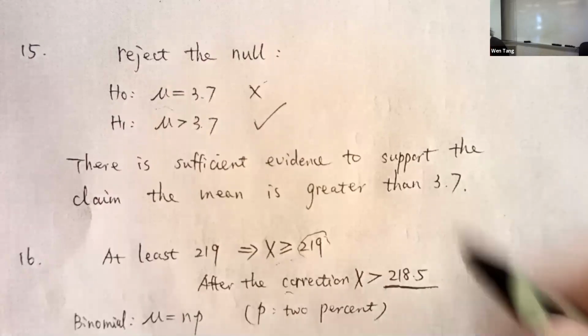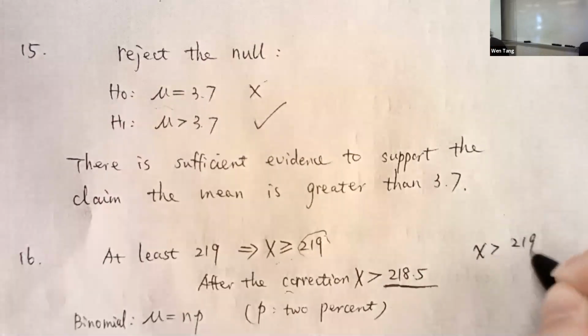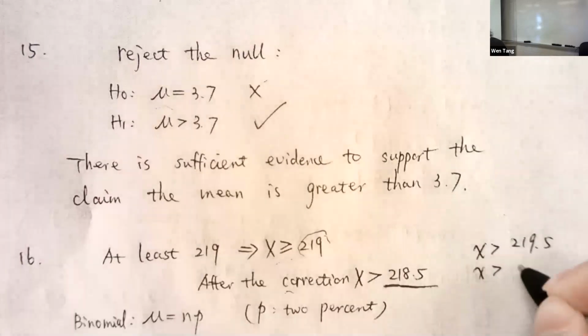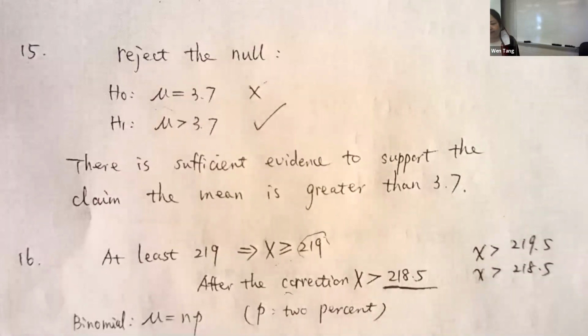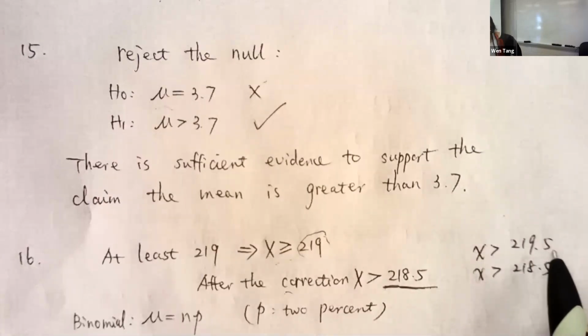So we will have two choices, because the correction is plus 0.5 or minus 0.5. Plus 0.5, we get 219.5. Minus 0.5, we get 218.5.